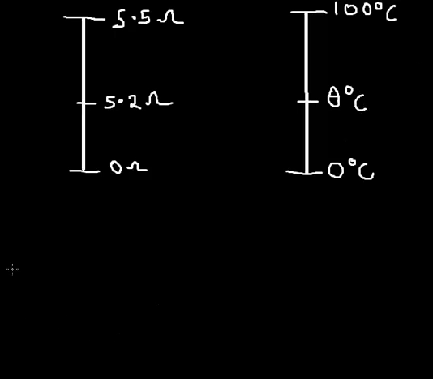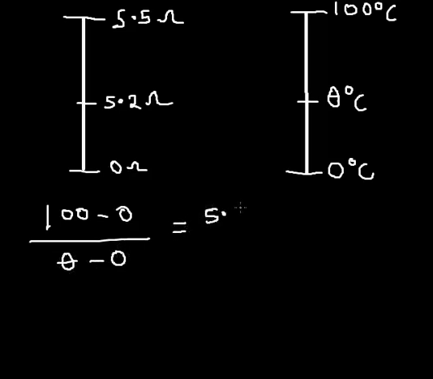Okay, so we take our length, 100 minus 0 divided by theta minus 0 is equal to 5.5 minus 0 all over 5.2 minus 0.